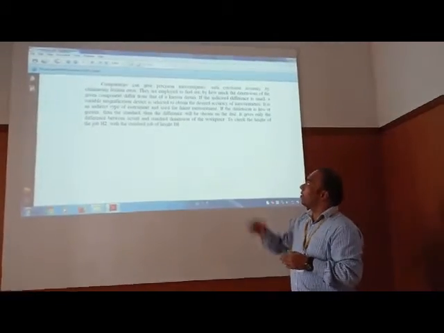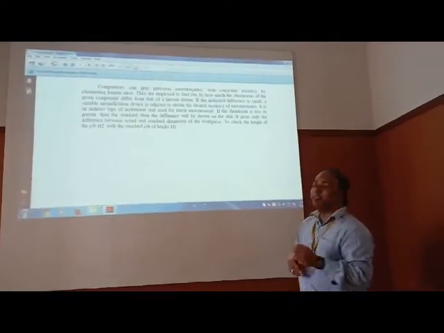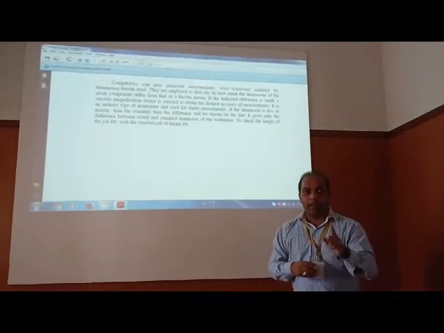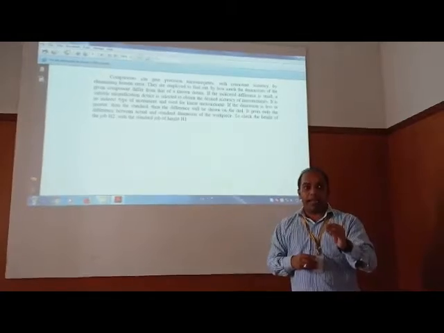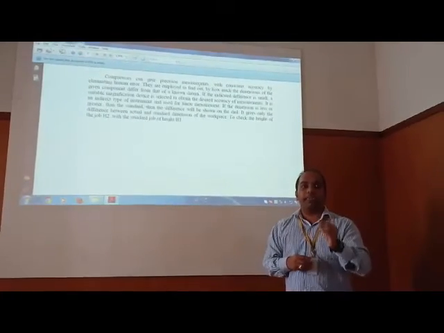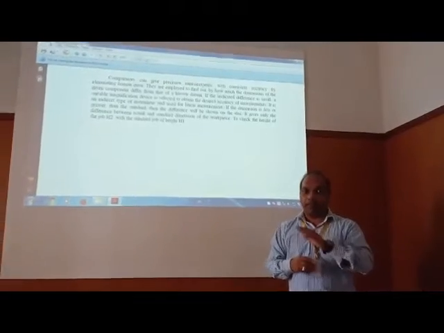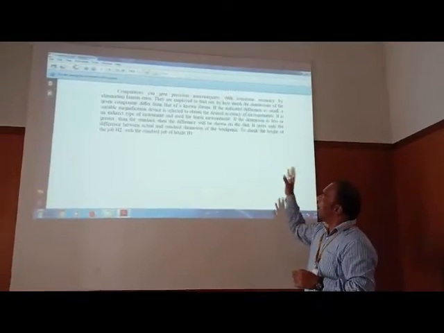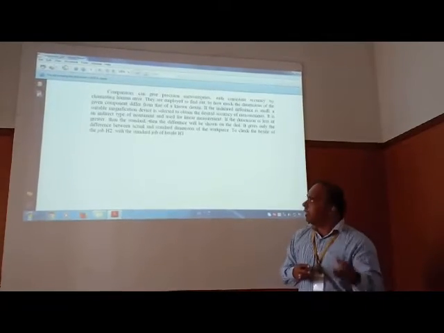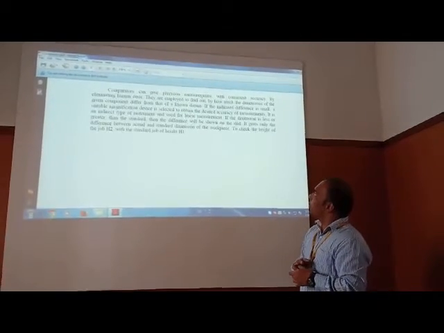Now, comparators can give precision measurement with consistent accuracy by eliminating human error. Please keep in mind that human error tends to give false or incorrect results that are not appropriate. They are employed to find out by how much the dimensions of a given component differ from known data.